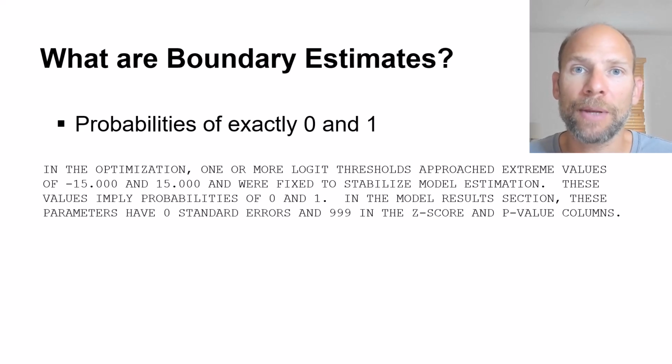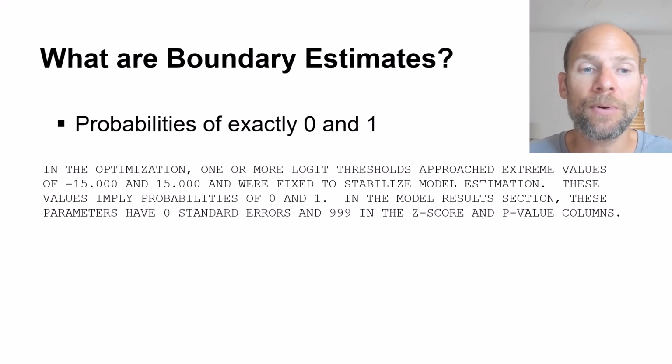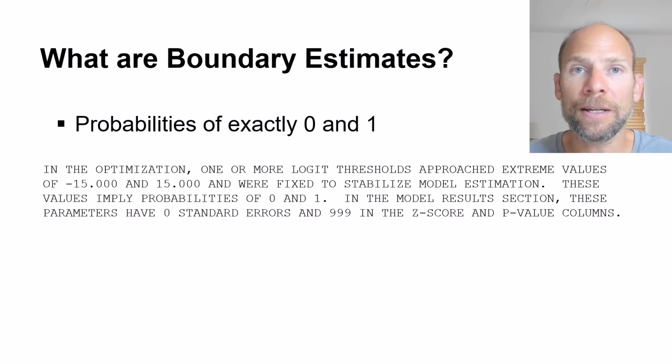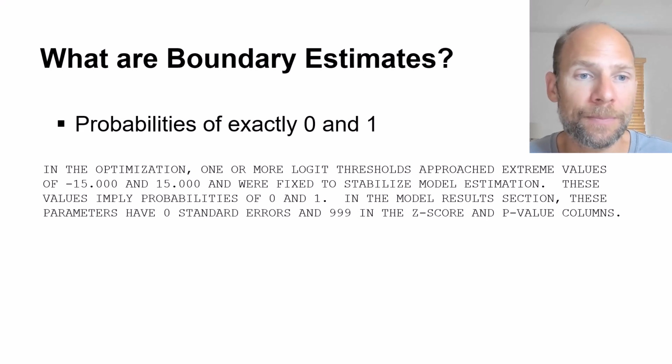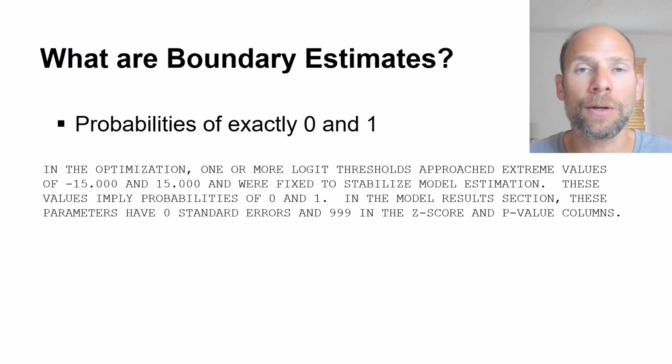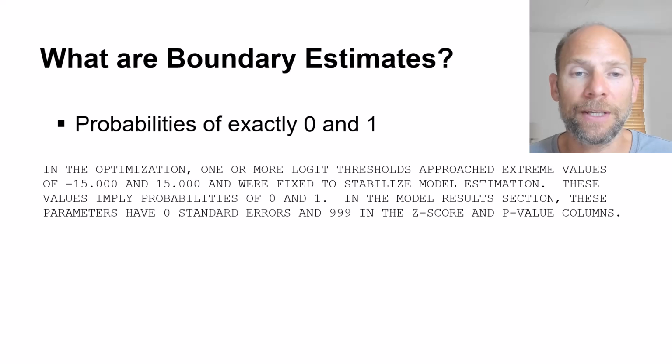These values imply probabilities of 0 and 1. In the model results section, these parameters have 0 standard errors and 999 in the z-score and p-value columns. So Mplus uses a logit parameterization of latent class analysis, and therefore extreme probabilities of 0 and 1 correspond to logit threshold values of -15 and +15 in Mplus, which explains this message here.